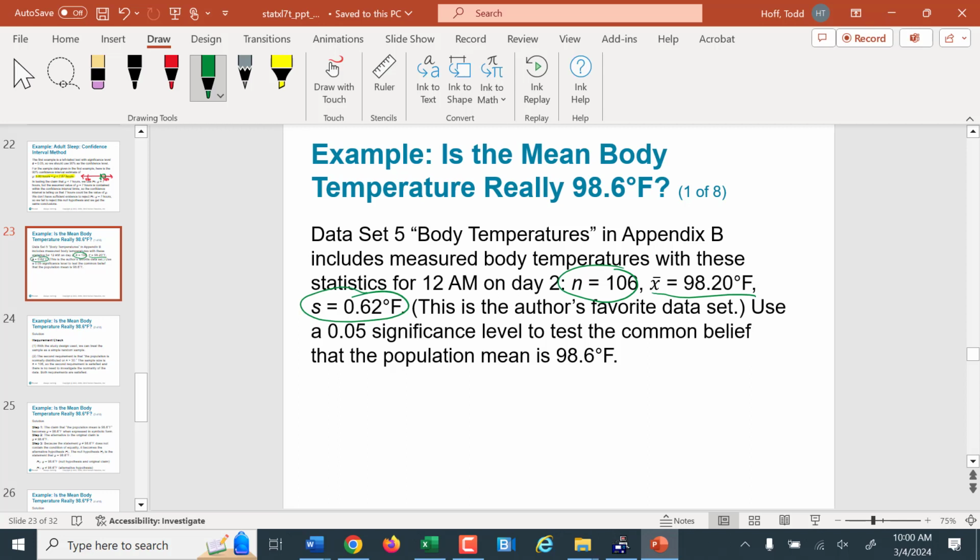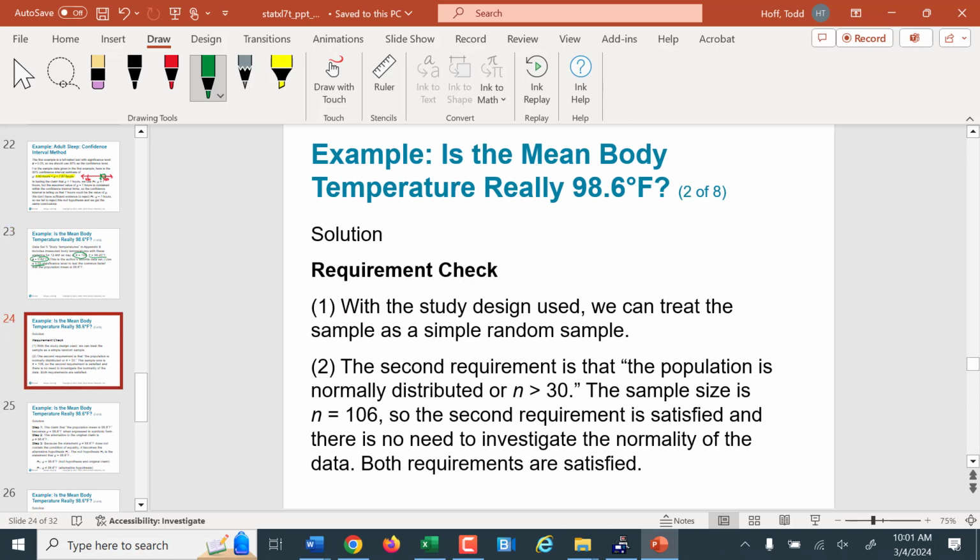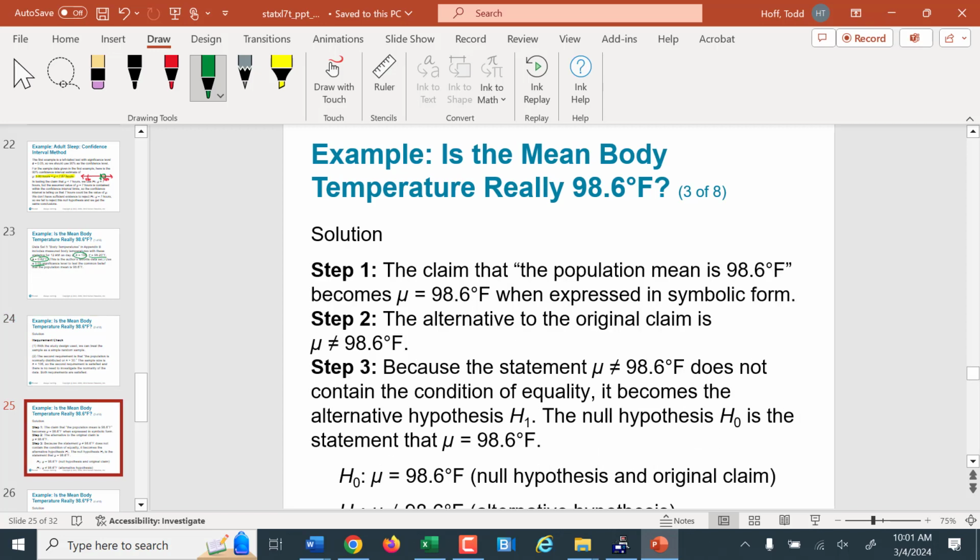So we're going to use a level of significance alpha of 0.05 to test the common belief that the mean is 98.6. Let's check our requirements. This is a simple random sample. Sample size is greater than 30, so we don't care if the population is normally distributed or not.